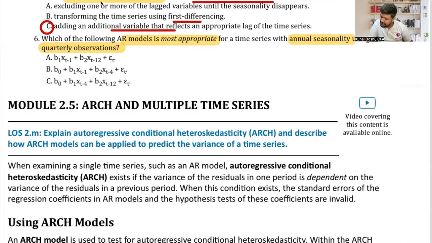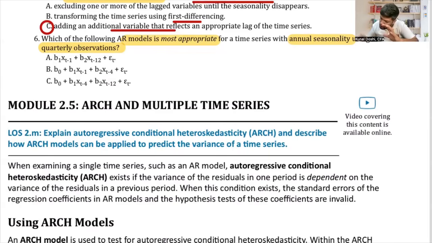So the race is between B and C. All the observations are quarterly, so I should take one quarter back and same quarter last year. Same quarter last year, not month. Annual seasonality with quarterly lag means same quarter last year.